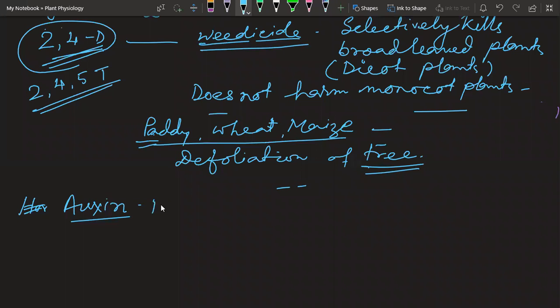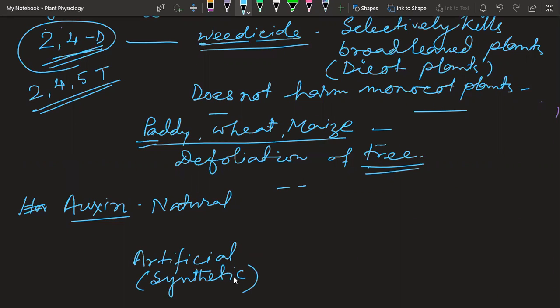Auxin may be natural or artificial, that is synthetic. Synthetic means it is artificially, chemically synthesized, and the natural one is synthesized within the plant.